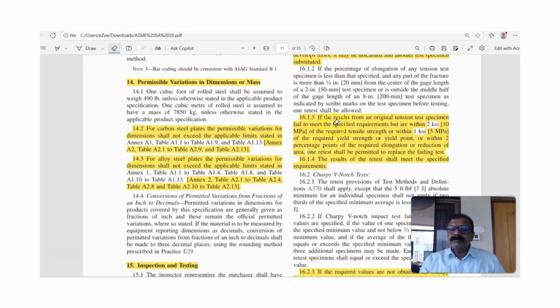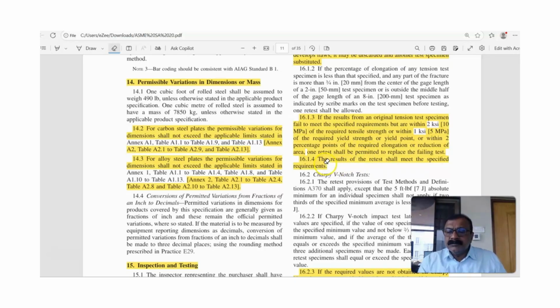And next, if the result from an original tension test specimen fails to meet the specified requirement but is within 10 MPa for the tensile strength or within 5 MPa for yield strength or within 2% of the required elongation, one retest shall be permitted to replace the failing test.